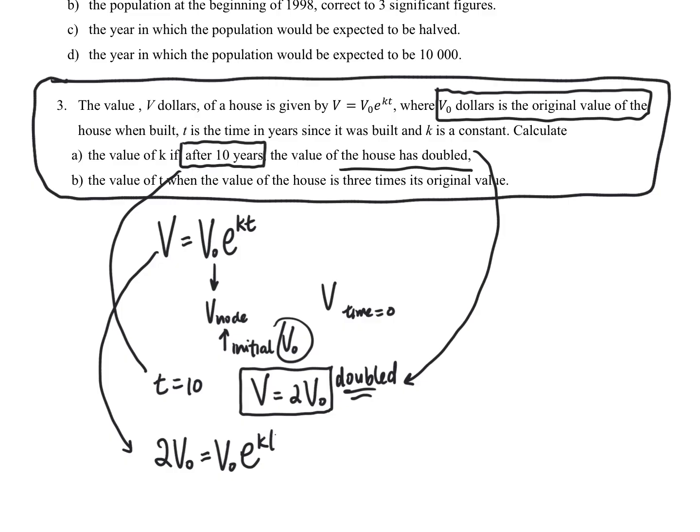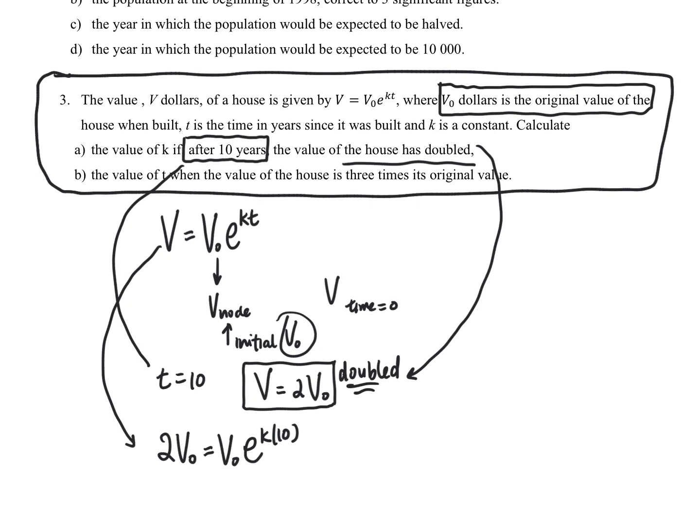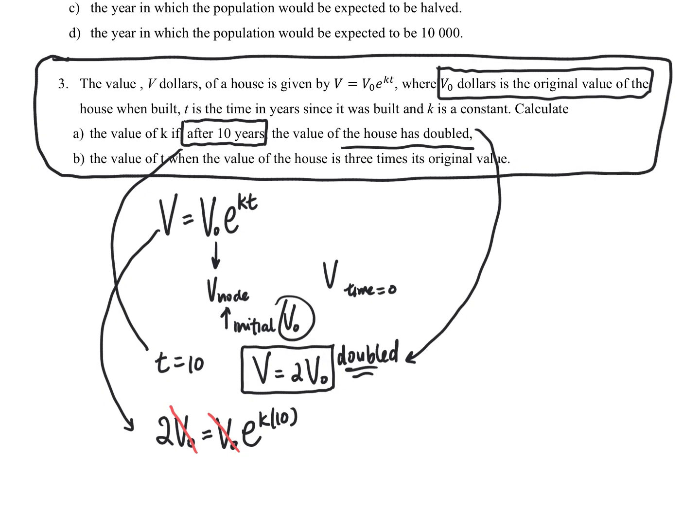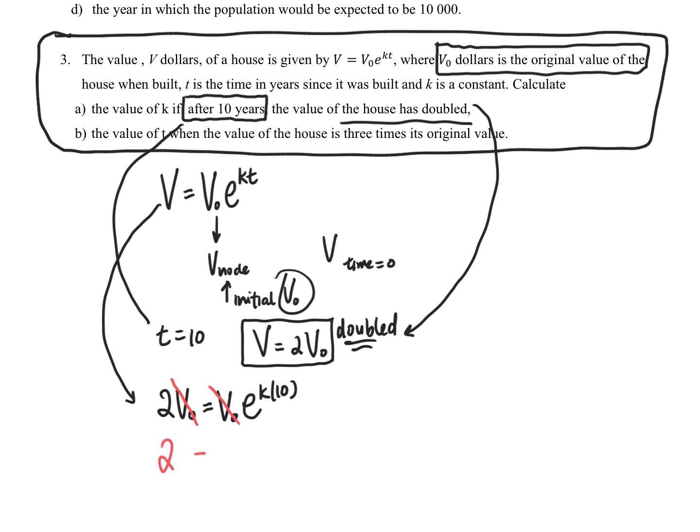K times T. So you realize that I can cancel this off already. Okay, and then I have 2 equals e to the 10K. The issue now is that at 5.2 you haven't learned how to solve exponential equations.